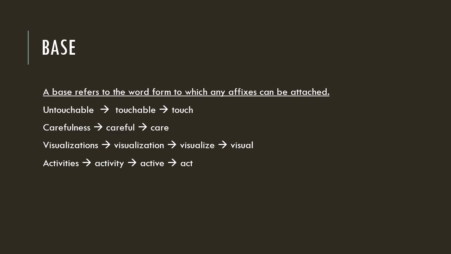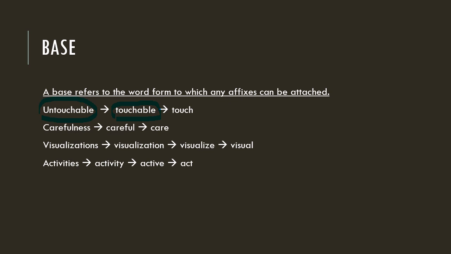For example, let's see the example to make it clearer. The word untouchable has a base. The base is touchable. How can we define that the base is touchable? Because touchable can be added by an affix, that is un, to become untouchable. And what's the base of the word touchable?